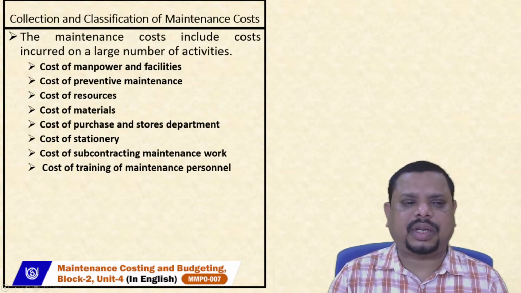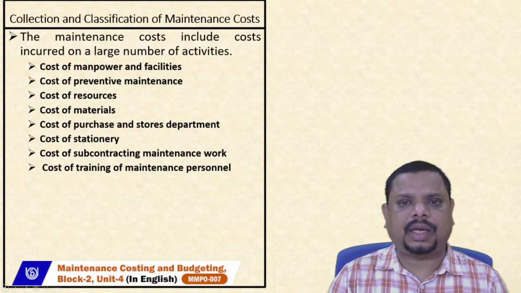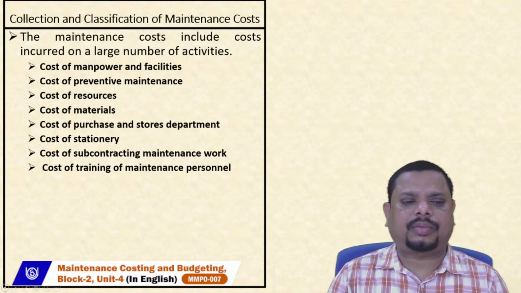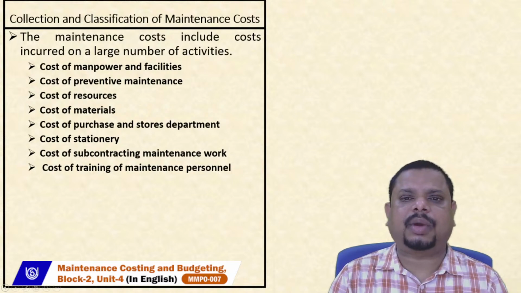Then cost of materials, then cost of purchase and store departments, because there is a huge amount of documentation related to maintenance, and lots of direct costs as well as indirect costs are included. Then cost of stationery, then cost of subcontracting maintenance work, and the last one is cost of training maintenance personnel. So these are the key activities involved in maintenance cost.